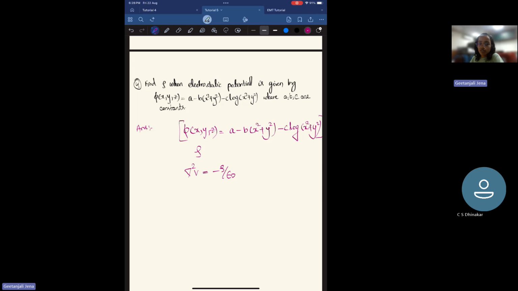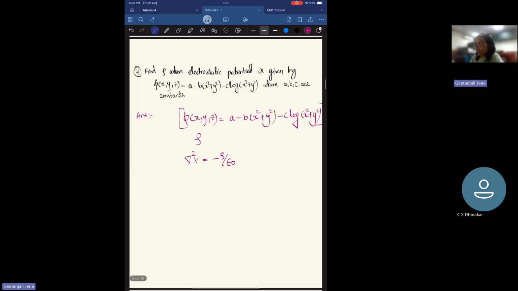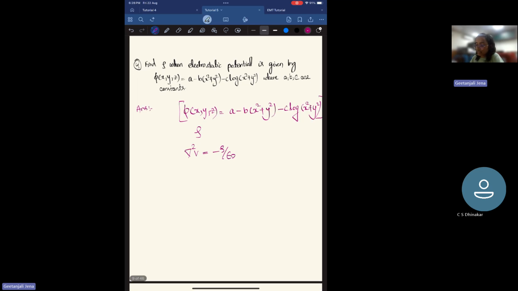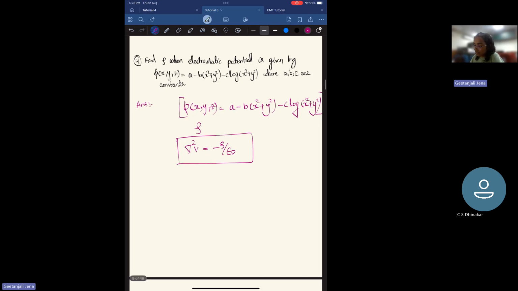When rho is 0, it's the Laplacian equation. And when it is not, we say it is the generalized equation, which is Poisson's equation. So these are directly related. You just need to find del square of V. Del square is the Laplacian operator, and in Cartesian it's easy to find because the expressions are easy.